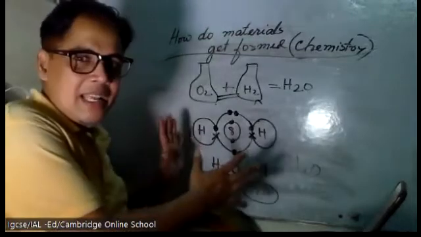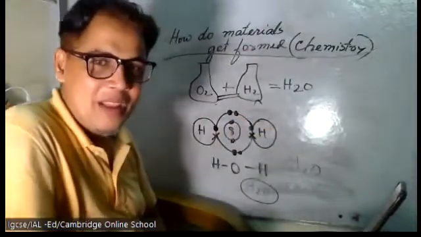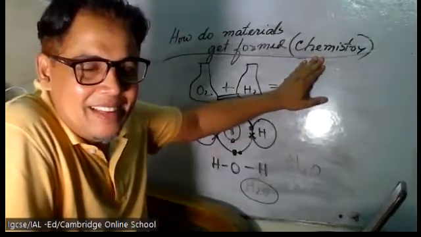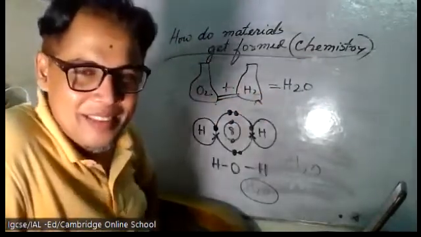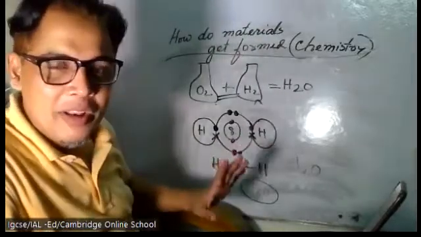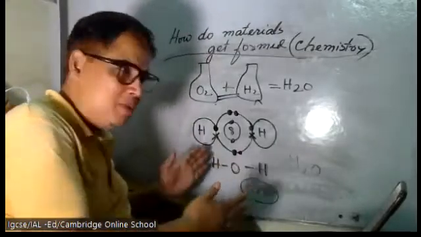But this is the basic class: how the materials get formed. Are you not watching, Baba? Chemistry is written here. This is my question: how do materials get formed? Okay. I'm teaching you compound, not in language. I'm teaching you compound in a practical situation.